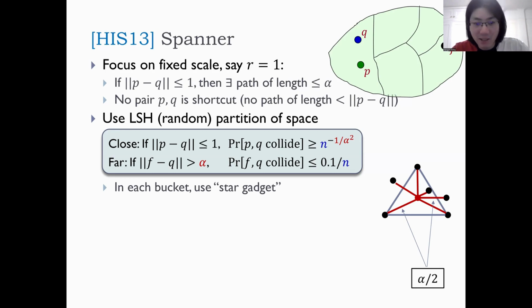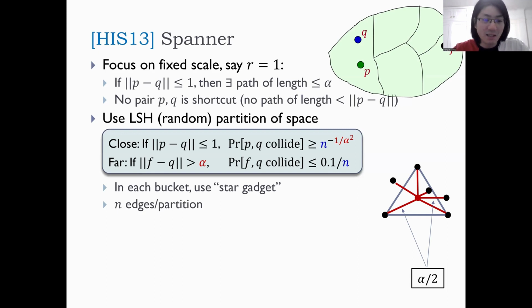So what we can do is create an extra point for every bucket, and link this point to every other point in this bucket with distance alpha over 2. In this way, every pair of points is linked by a path of length alpha.